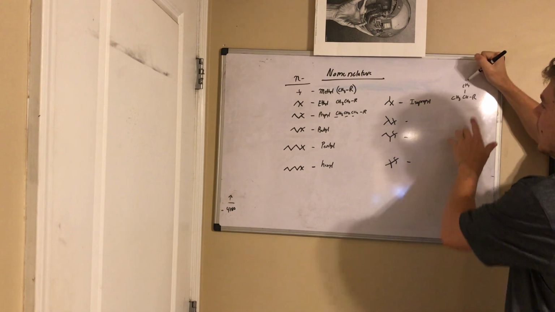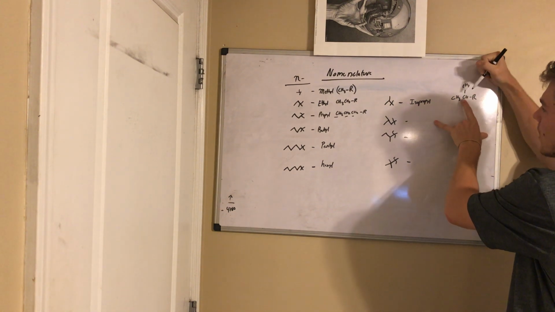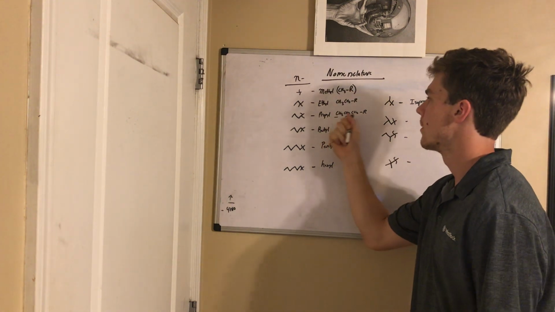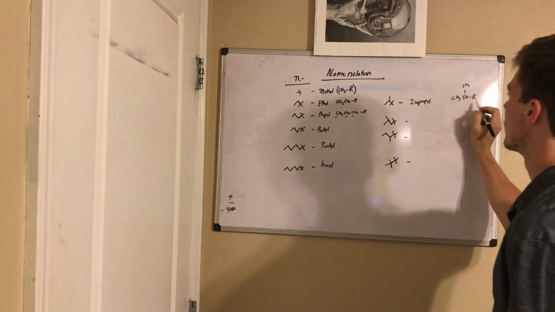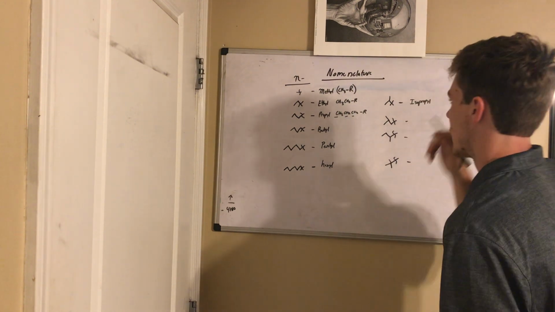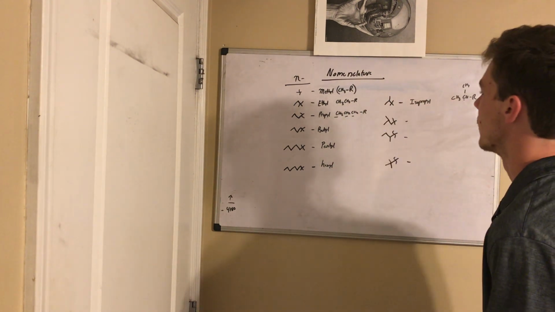Here we have a CH3 and another CH3 attached to this one carbon. So this one carbon has actually 3 bonds, my bad, instead of 2 bonds. That's a difference in how we're going to name the molecule.